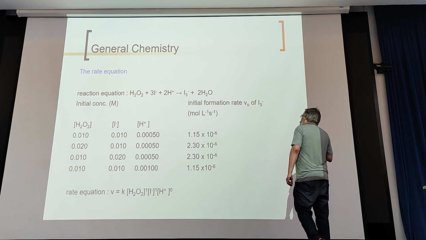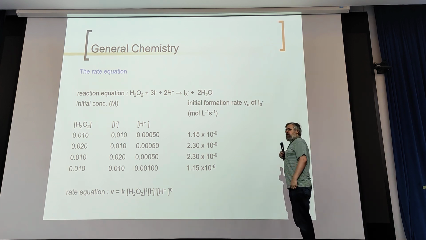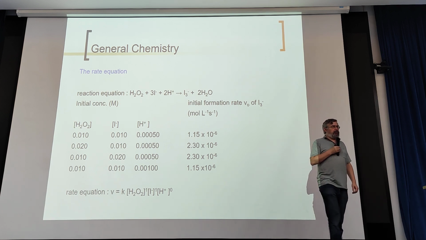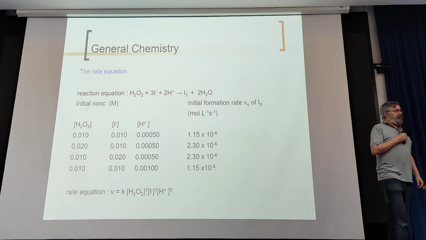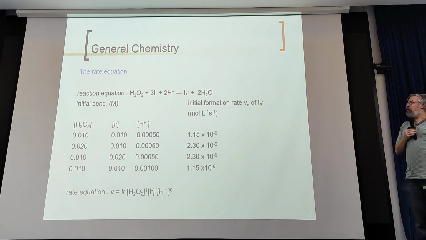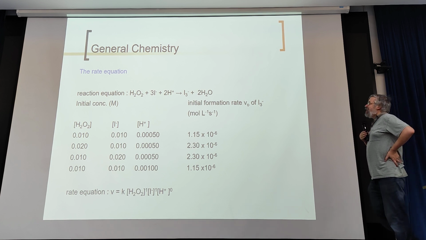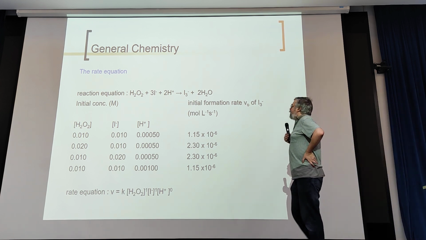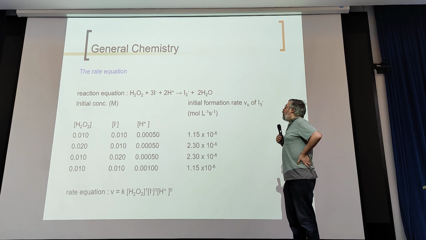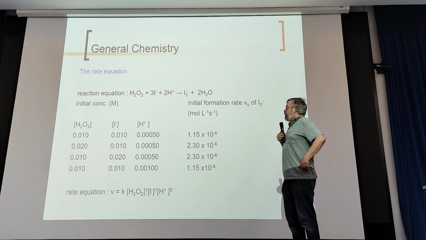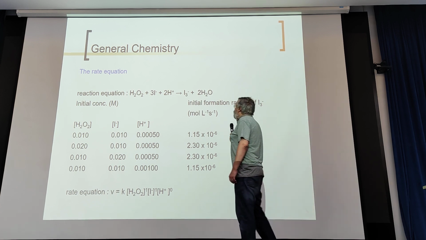So let's look here at these initial speeds of reaction and see if we can deduce something from them. This is a reaction, an oxidation of iodides with hydrogen peroxide. And you form, in acidic medium, triiodide and water.